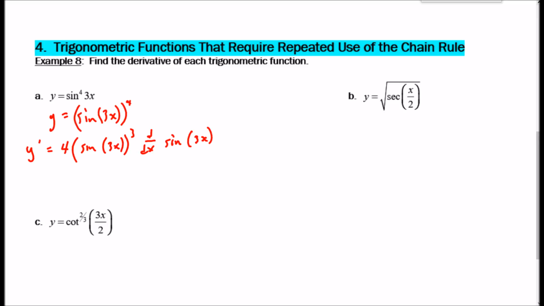Right? Just like in the other problems, whenever we took the derivative using the power rule, we multiply by the derivative of whatever was inside of the power rule. Well, now we've got to take the derivative of the sine of 3x, which is going to require the chain rule again.